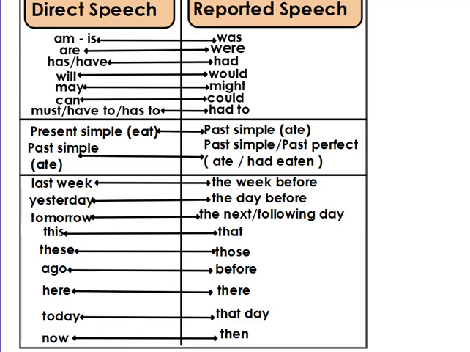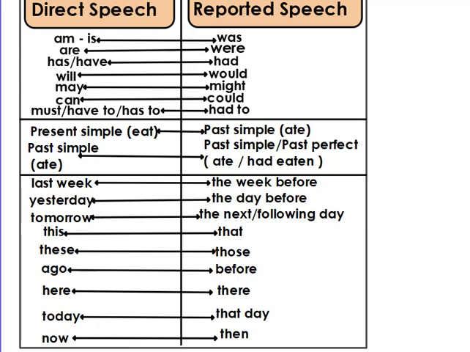Am and is become was, are becomes were, has or have, had, will, would, may, might, can, could, must or have to and has to, had to. The present simple becomes past simple.